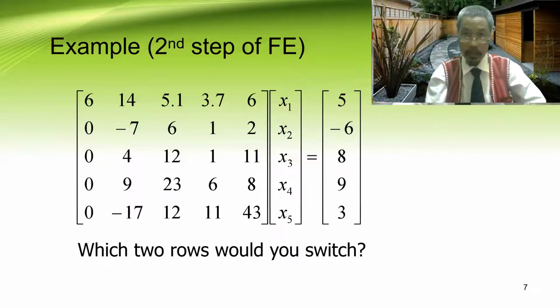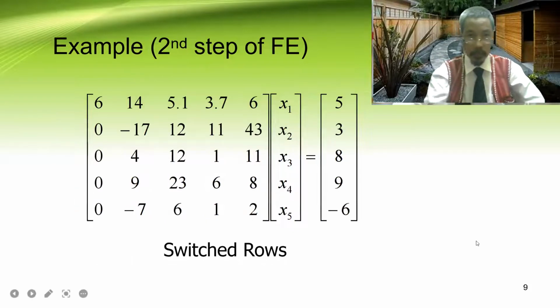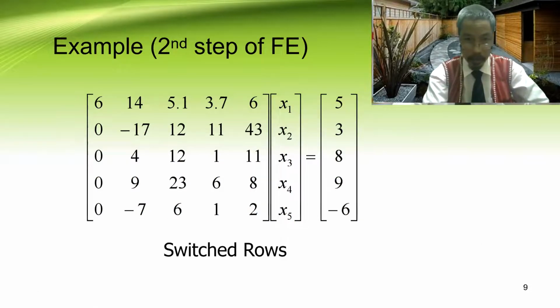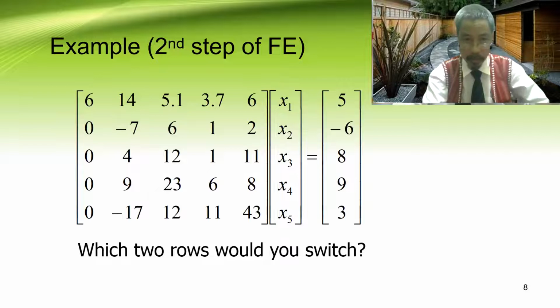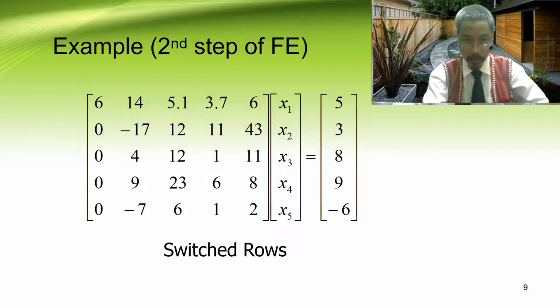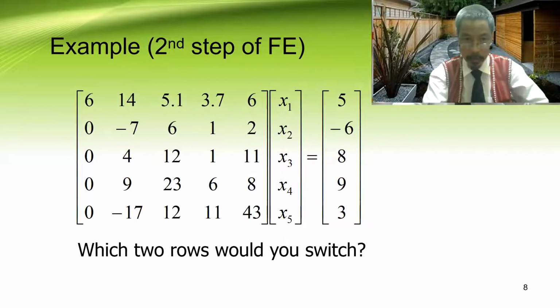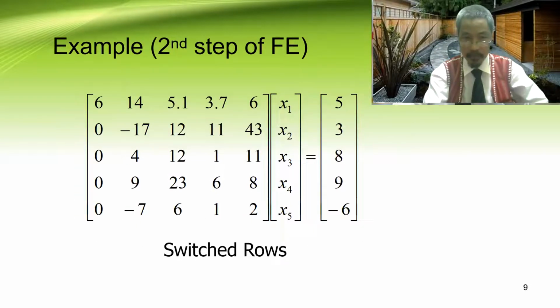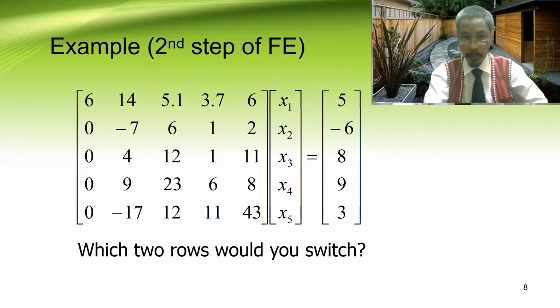So there must be a scientific rule. Switch rows. Okay, which rows did you switch? The second row and the fifth row.